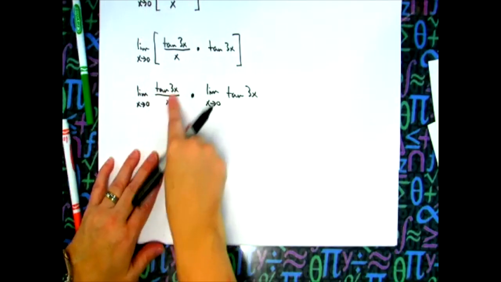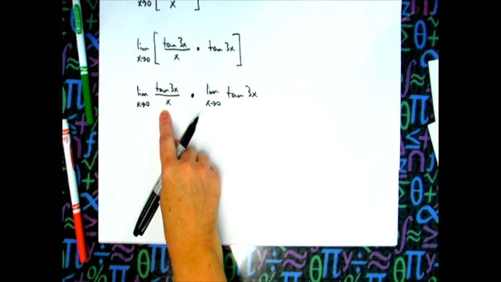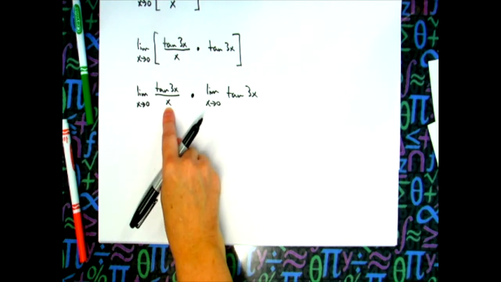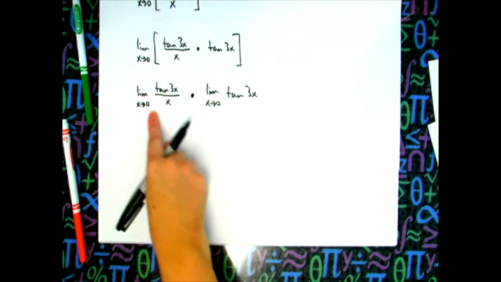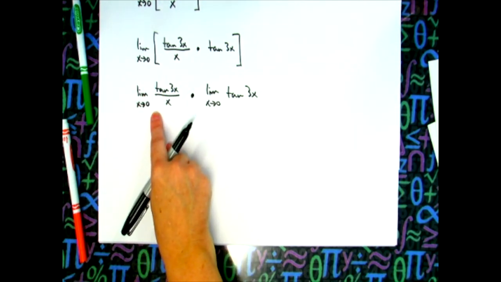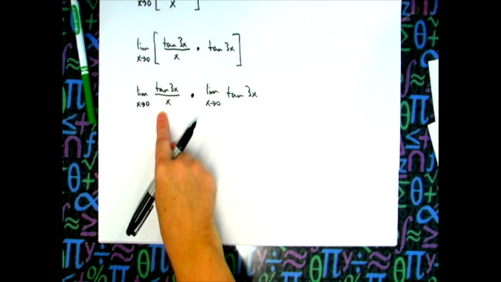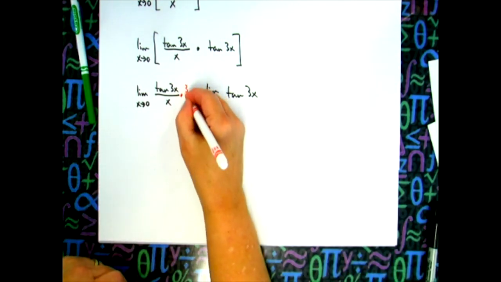Now, does this look really, really close to one of our actual properties? It does, right? It's got a kx and is missing my kx on the bottom. I know what this limit is. This limit is 3, but let's show our steps. I need to choose what form of 1 to multiply this one by. 3 over 3. So I'm going to choose to multiply by 3 over 3.